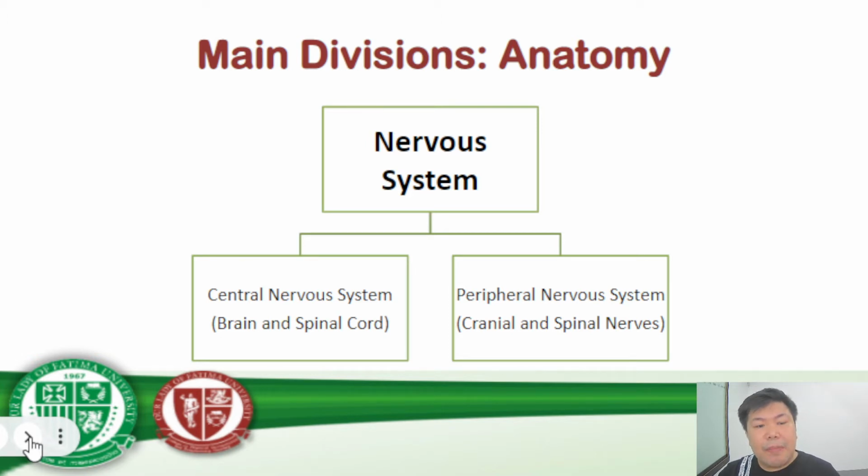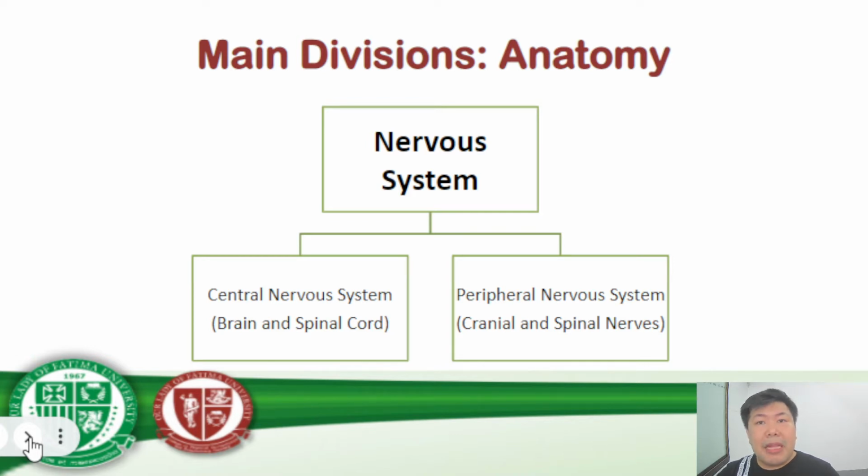So please do remember that only two specific organs are part of the central nervous system, the brain and the spinal cord, while the peripheral nervous system are all nervous system structures that go beyond the central nervous system.